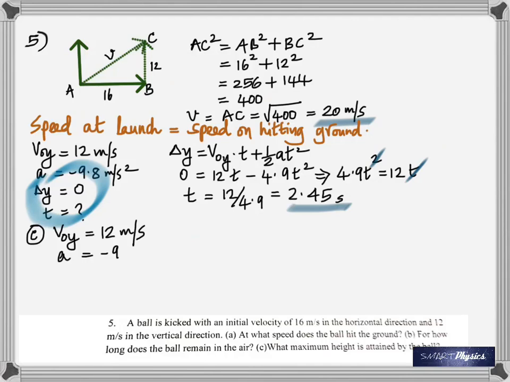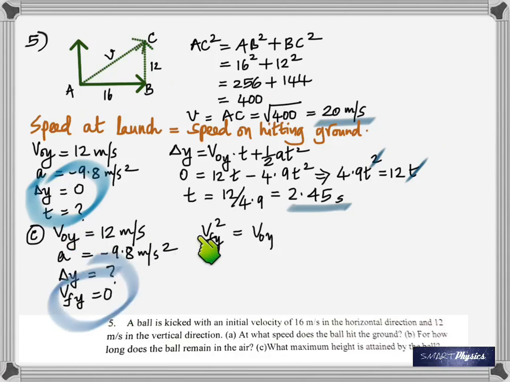Now to find the maximum height reached, remember that at the highest point, the final velocity is 0, correct? So again, you start with the vertical initial, which is 12, but now we know that the final velocity is 0. Therefore, the equation that we're going to use is this one.